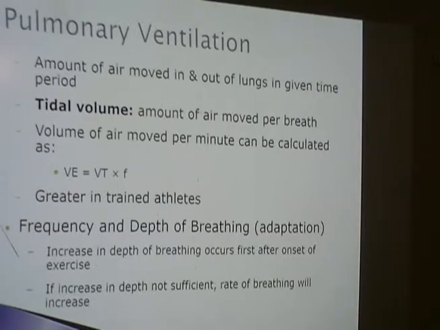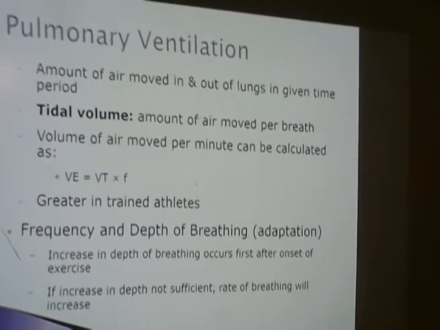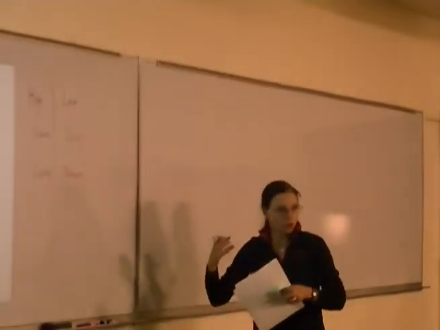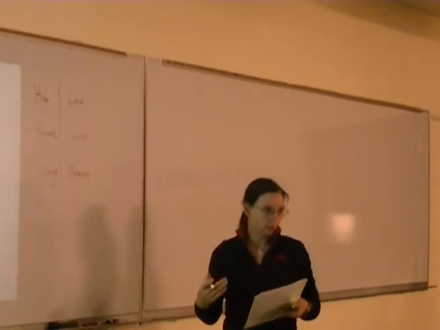But when you look at someone who's trained, a trained person can get up to 183 litres per minute. So a massive difference in airflow in and out of the lungs. And therefore, because the air has the oxygen, if I can get more air in, I can get more oxygen, I can make more ATP.